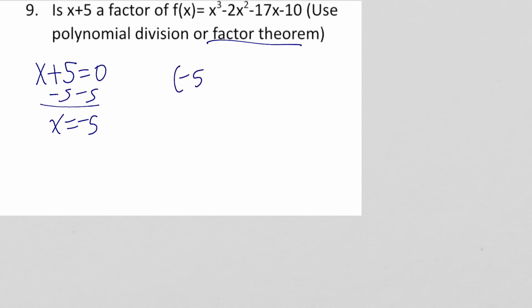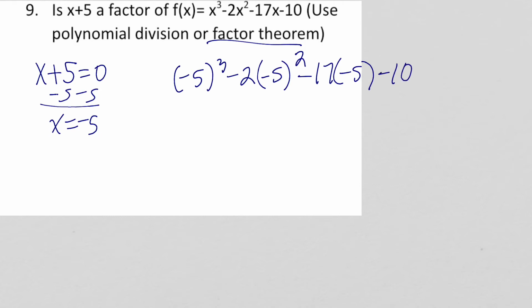So I'm using my calculator and I'm plugging in -5. Now I have to get my calculator. Let's see here. I got my -5 raised to the 3rd. Okay, that gives me a -125. Then I have a -2 times that, which is positive 25, right?